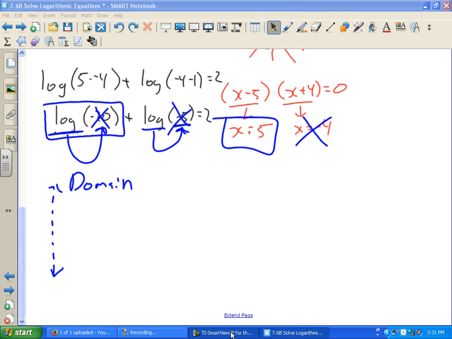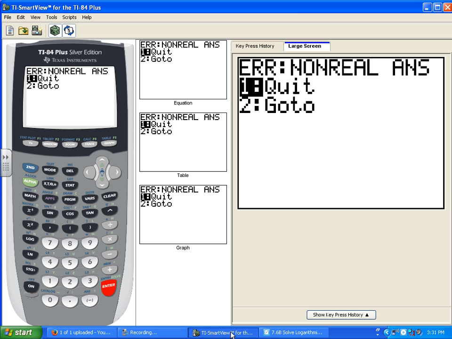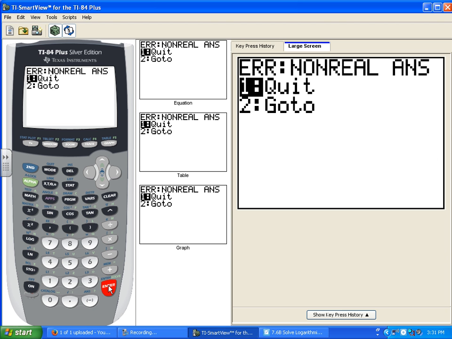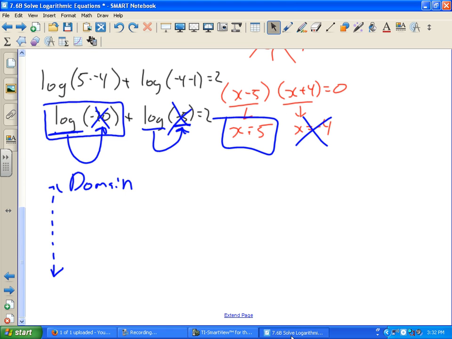In fact, try logging anything you'd like a negative. Take the log of any negative. Log of negative 5. Non-real answer. Log of negative a million. It won't work. We have the domain restrictions because we can't log negative numbers. And I'll clarify right now.